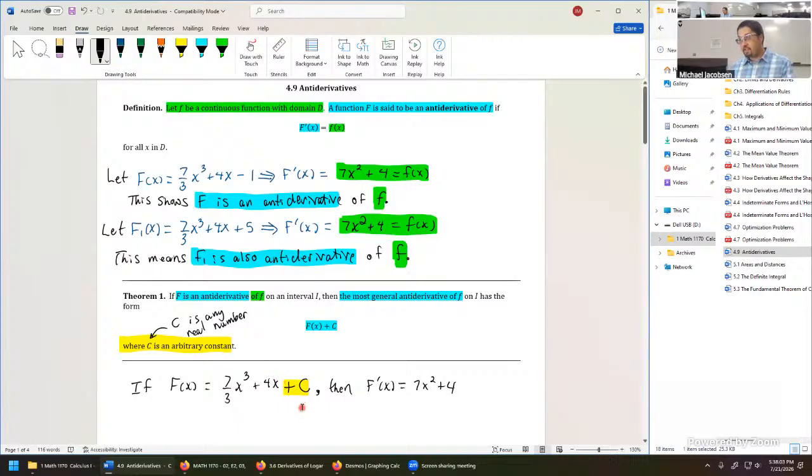The derivative of an arbitrary constant is still 0. Doesn't matter what symbol we put there. Differentiation with respect to x is 0. So we get this function. It's lowercase f of x.